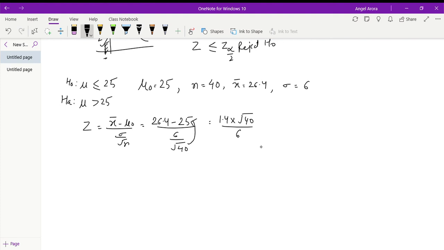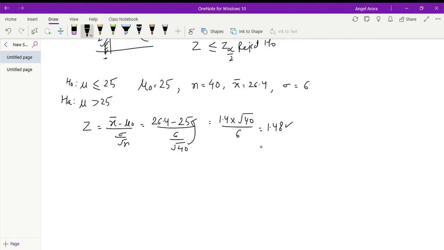This value comes out to be positive 1.48. So z will be 1.48, that is positive. As there is a greater than sign here, this is a one tail test, and this is an upper tail test because z is positive here.